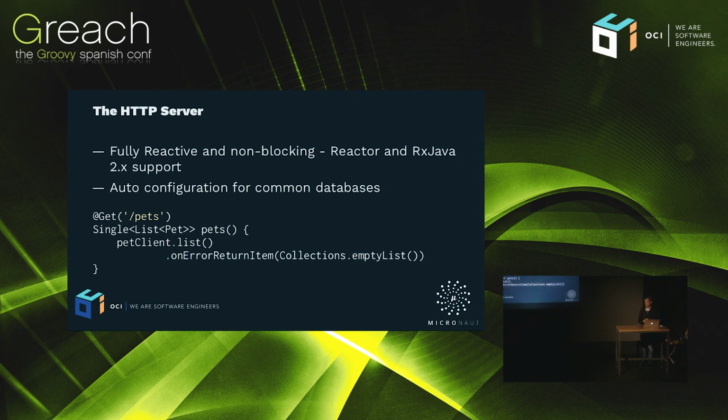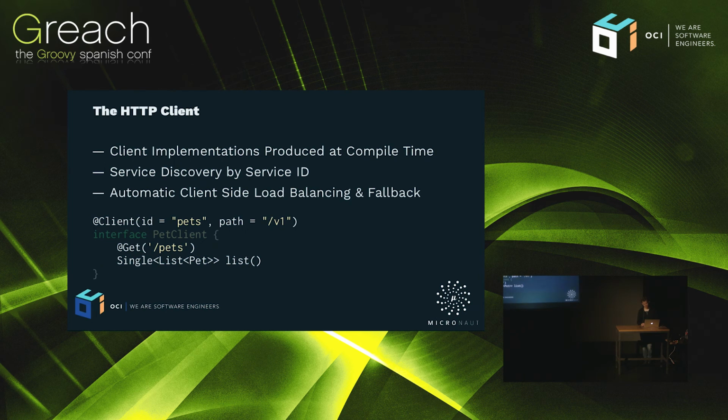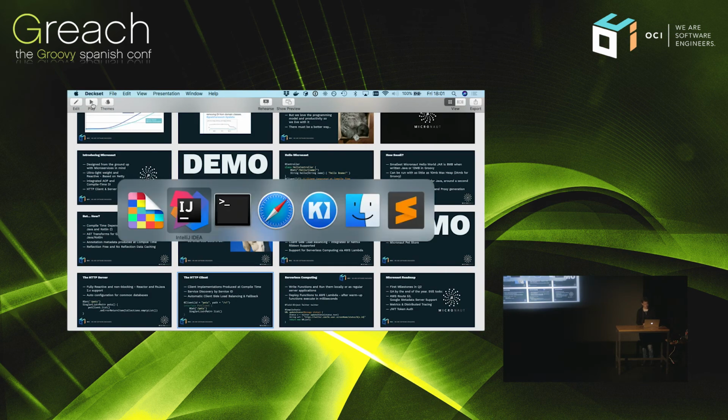We have auto configuration for common databases, whether it be Neo4j, MongoDB, Redis, or SQL databases, we have you covered without paying the performance and memory cost associated with Spring and Grails applications. Client implementations are produced at compile time, with service discovery by service ID. You get automatic client-side load balancing and fallback. I actually completely forgot to demonstrate that as part of my Hello World.